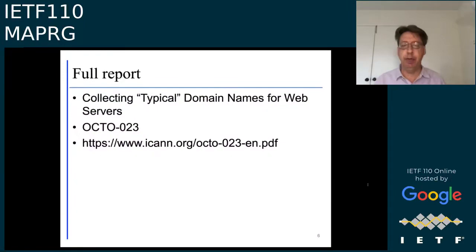Okay, this is the last slide. If this interests you, please take a look at this report. It's called the same as this presentation, Collecting Typical Domain Names from the Web. We have our own series in ICANN called the OCTO series, for the Office of the CTO, which is what I'm in, so there's an OCTO number for it.